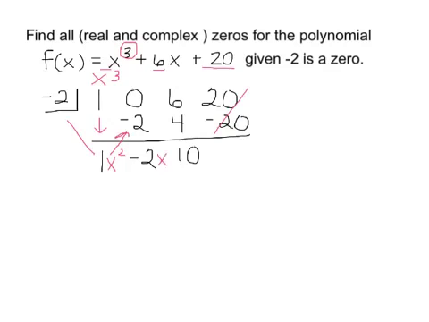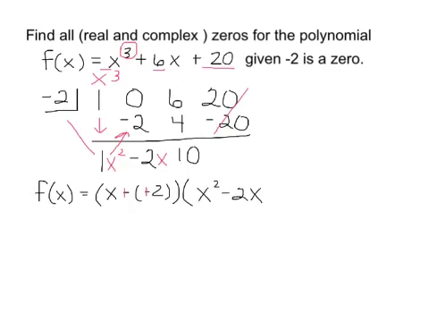So what we really have is this function has been factored. We took out a factor of x minus the 0, negative 2. So x minus negative 2, or we'll come back and clean that up to be an x plus 2. And then the remaining factor is x squared minus 2x plus 10.